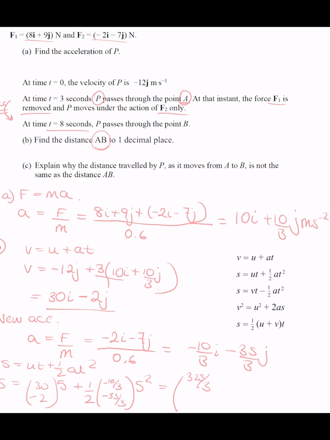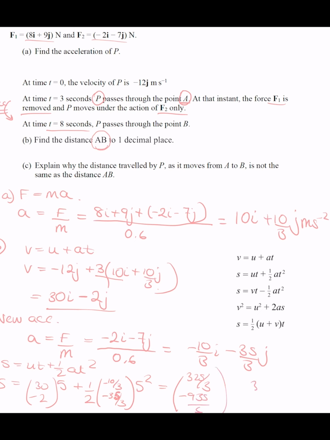Then we've got minus 2 times 5 plus 0.5 times minus 35 over 3 times 5 squared. Sorry, I can't read my own writing. And we get minus 935 over 6.